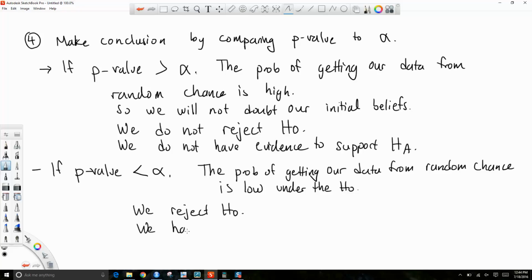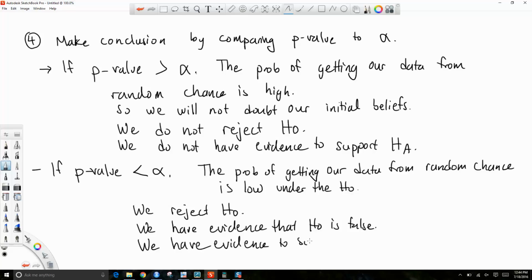We have evidence that H0 is false. We have evidence to support the alternative. We can also say, you know, our p hat is significantly different from p0.